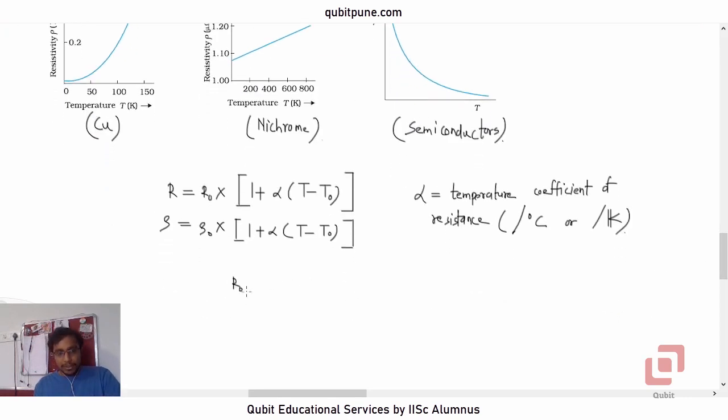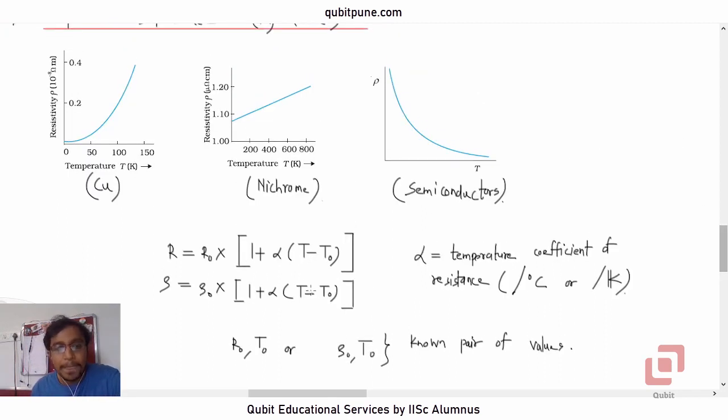So R naught, T naught, or rho naught, T naught is the known pair of values. So you know the resistance or resistivity of a material at some temperature T naught, the reference temperature, and how will R and rho change with temperature?